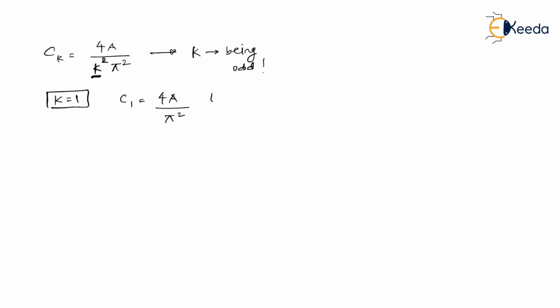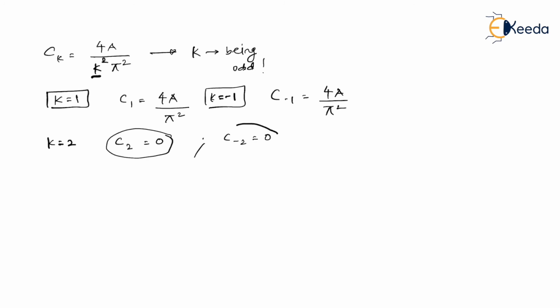So even for k equal to minus 1, I'll get c minus 1 as the same, that is 4a upon pi square. Then for k equal to 2, obviously the c2 component will be 0. Needless to say, c minus 2 will also be equal to 0, because from the property, even harmonics are always equal to 0.